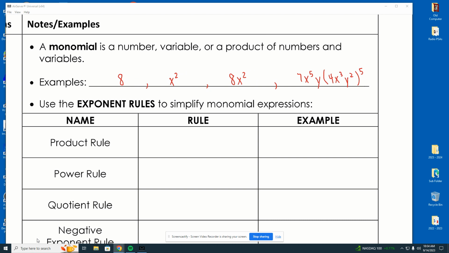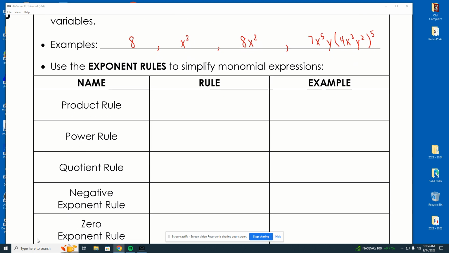Now, we're going to know how to reduce a problem like that using some of the rules that you've either learned in the past and you remember them, or maybe you learned them in the past and you didn't remember them, and then maybe a couple that you haven't learned in the past. Here's the one that I promise you guys have learned. It's called the product rule.